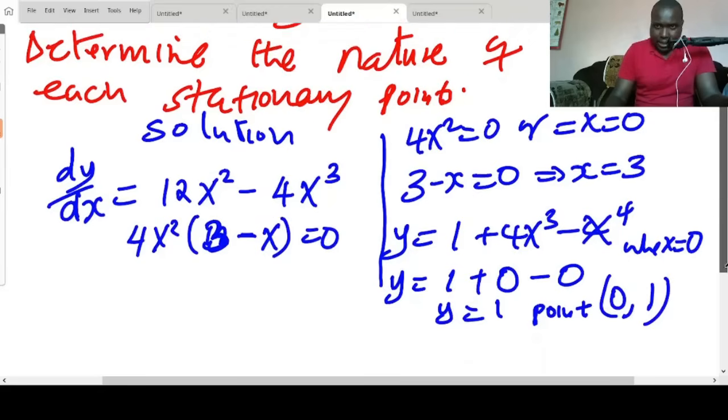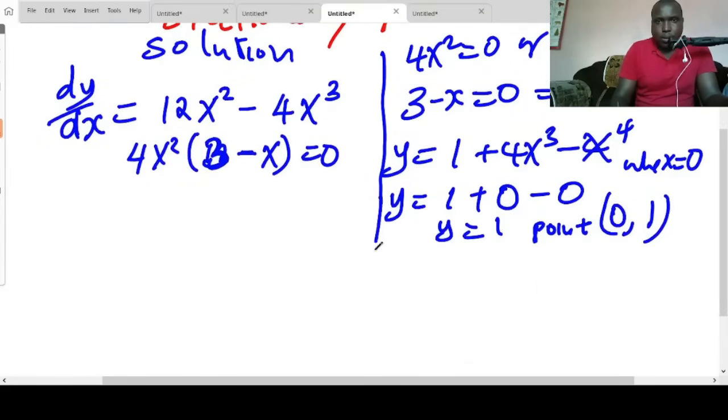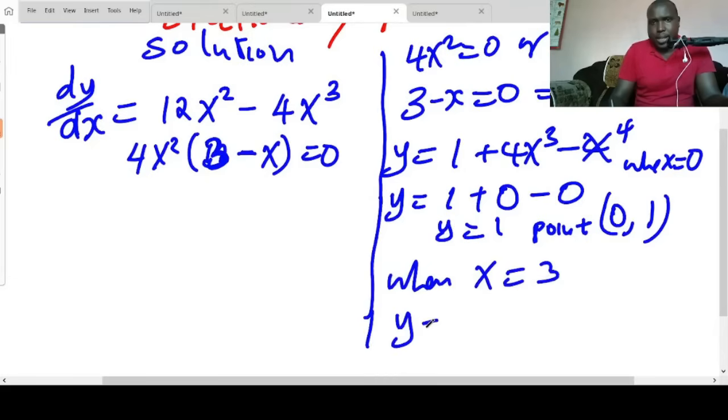Next, when x is 3, so y itakuwa nini? Itakuwa 1 plus 3 into 3 cubed minus 3 raised to power 4. Right?